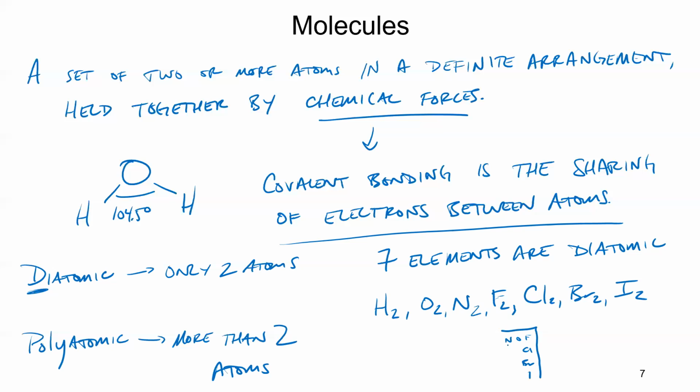And so the 6 of those are there, but they form a number 7. That reminds you that hydrogen over here in the other corner is also diatomic. Right? There's also funny little mnemonics that maybe you picked up in high school. I don't remember them off the top of my head, but okay. So that's molecules.